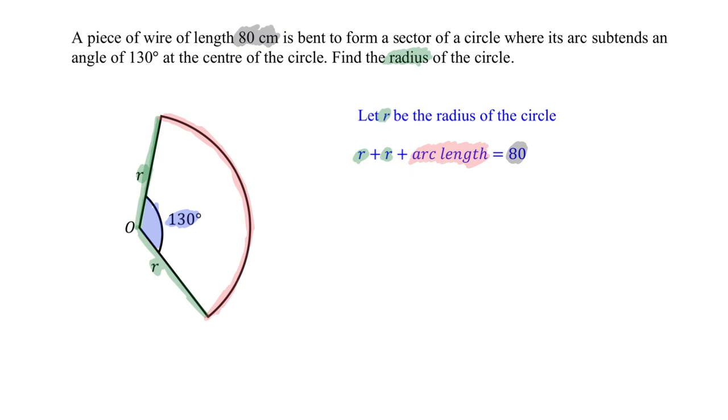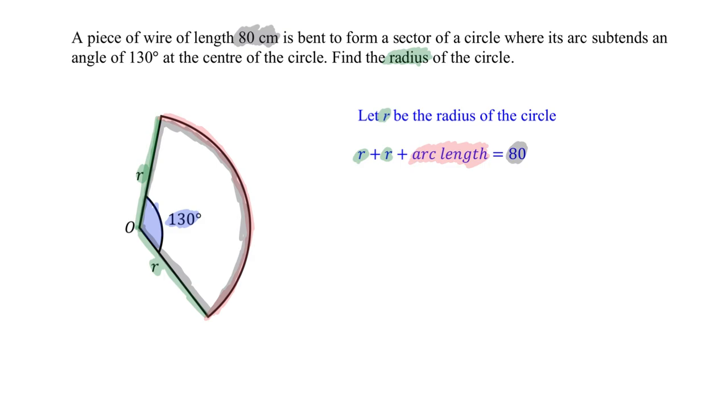Okay, so the green plus the green plus the red together makes 80, because this whole thing, this is the wire that we have bent to form my 80.